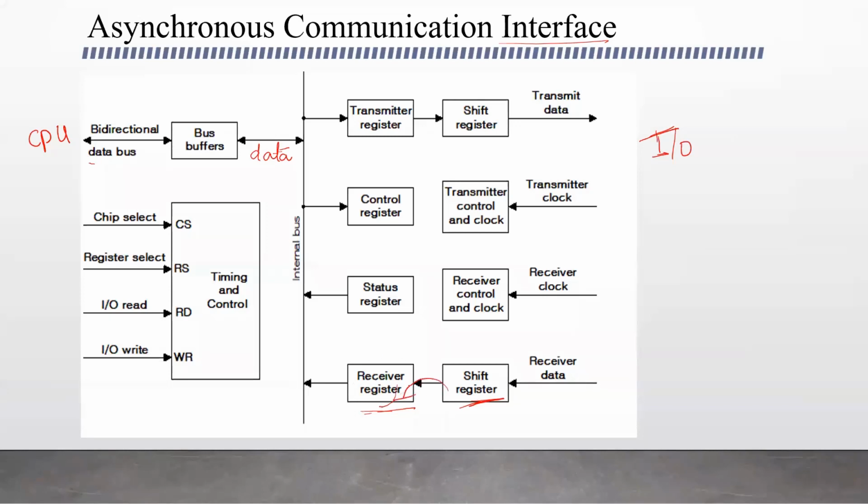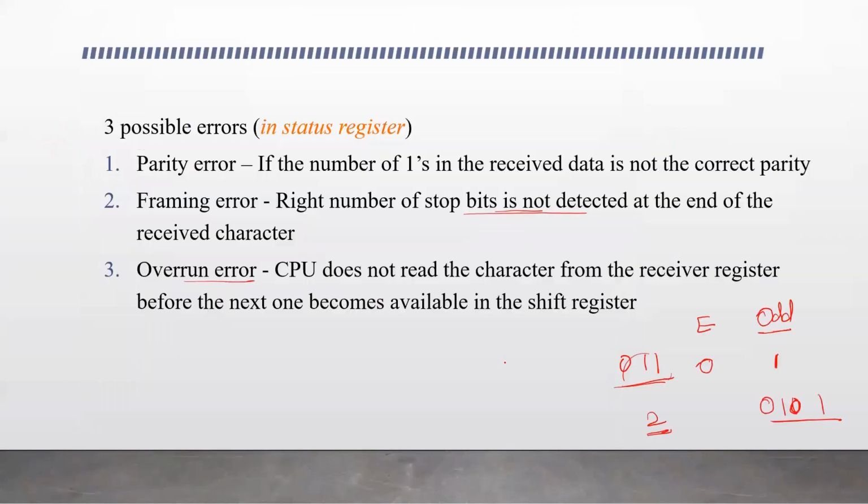But if the data already in the receiver register is not read by the CPU, we call it overrun error, because the shift register now cannot move the data to the receiver register. As that cannot be done, this is overrun error.